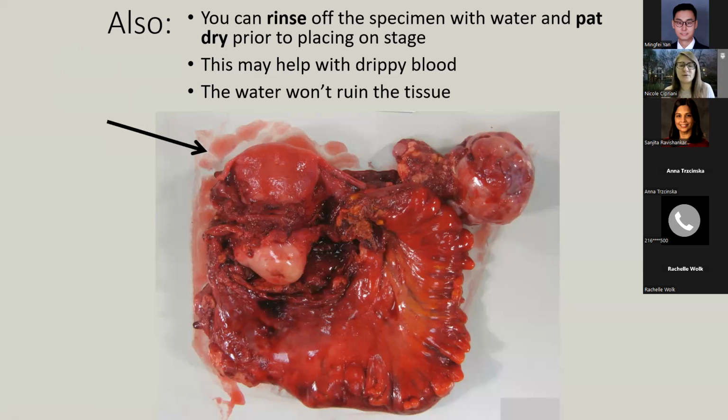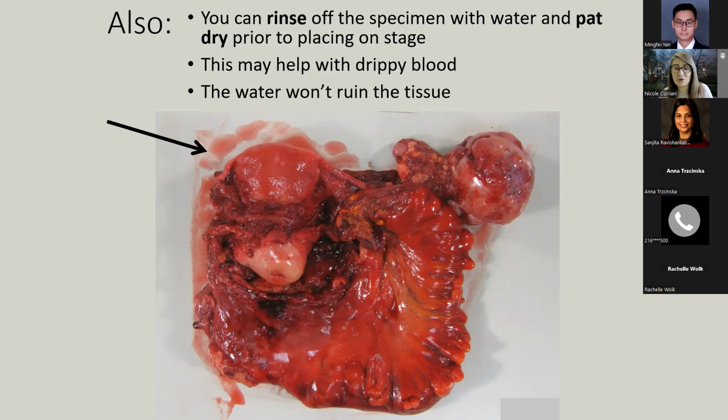I don't know if there's a fear that putting them underwater is going to leach the tissue. But if you're very, very briefly just rinsing the external surface of a specimen, you won't ruin it. I argue you will clean up whatever excess surgical blood is there, and you'll have a nice, clean external surface of the specimen to photograph.